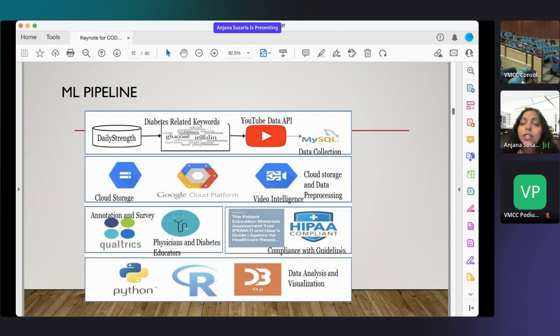And then the most challenging part of our method is we have to find input from doctors, from patient education experts, from public health professionals, to create an annotated data set that we can then use to build predictive models. And finally, we need a data analysis and visualization piece. That is what is given to all the doctors who collaborate with us.